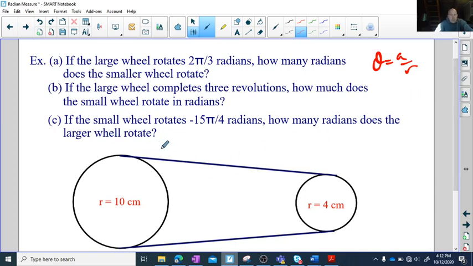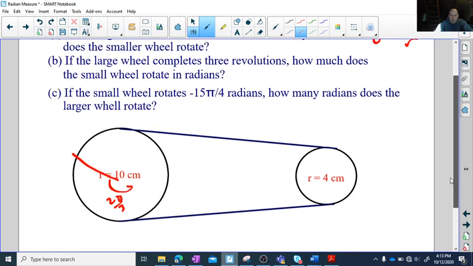It says if the large wheel rotates through 2 pi over 3 radians, so this is the large wheel, the angle it's going to rotate through is 2 pi over 3 radians. The question then is, how many radians will the smaller wheel rotate through? There's a couple ways to do this.